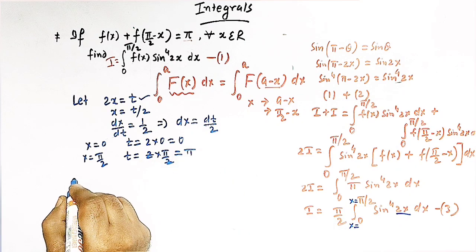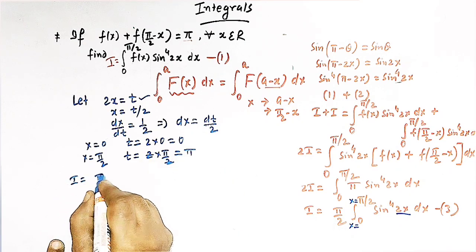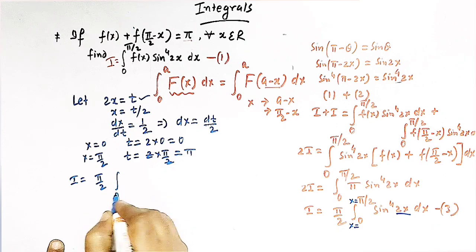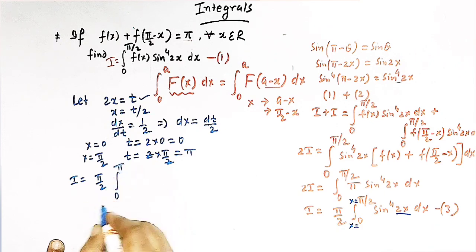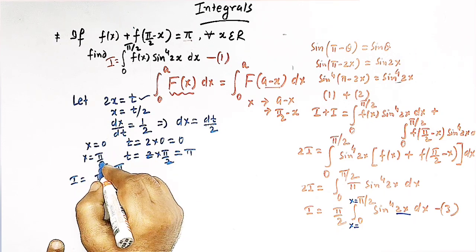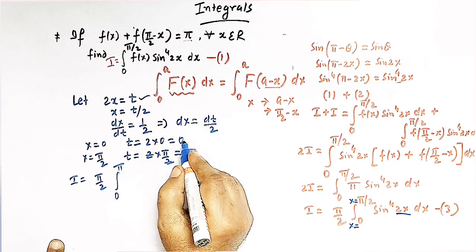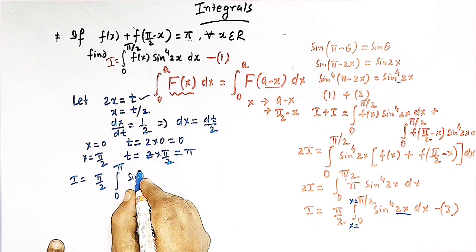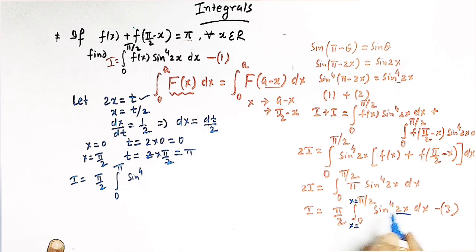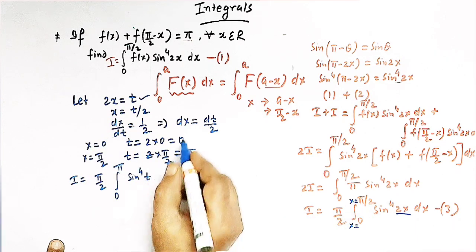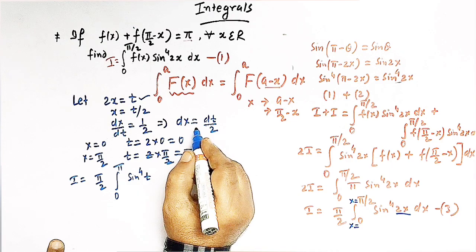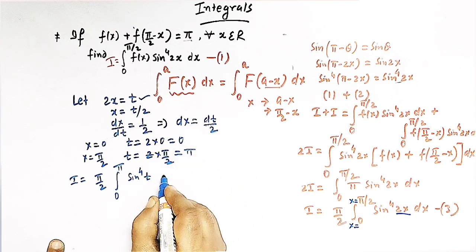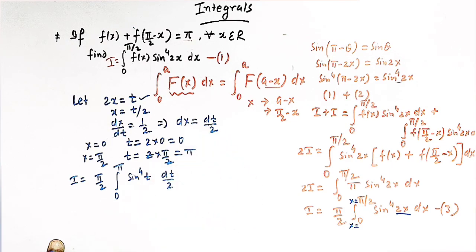So now this integral I can be written as pi over 2, and we have 0 to pi, because when x varies from 0 to pi by 2, then t goes from 0 to pi, and we have here sine 4, and for 2x we can write t, and for dx we have dt over 2. So here we have dt over 2.